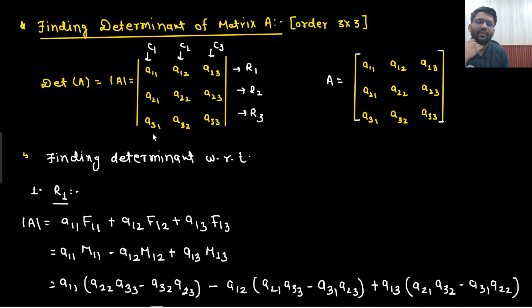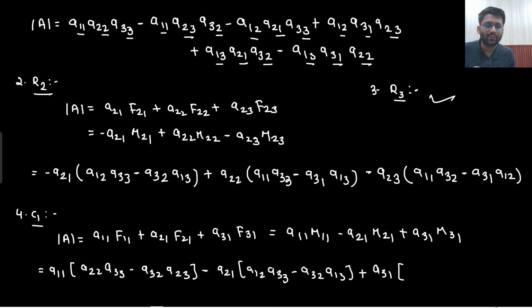What will be M31? A12 A23 minus A22 A13. And you can also check that this value will be the same as this value only.